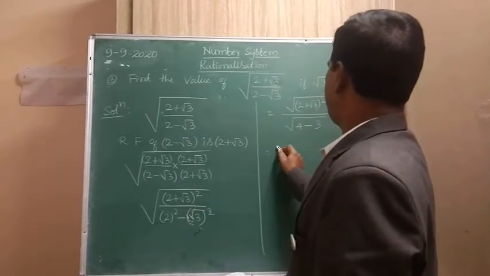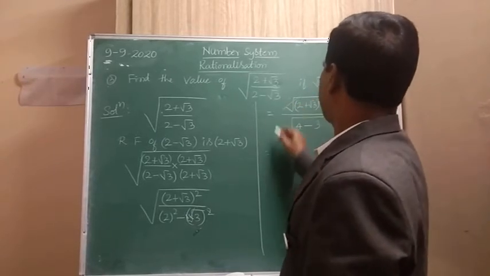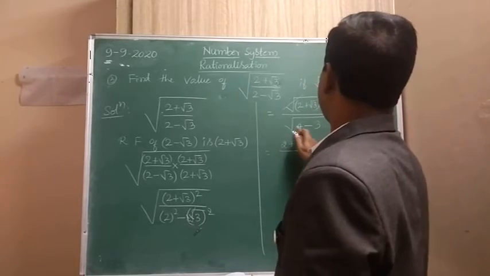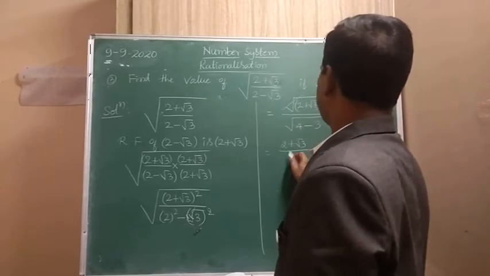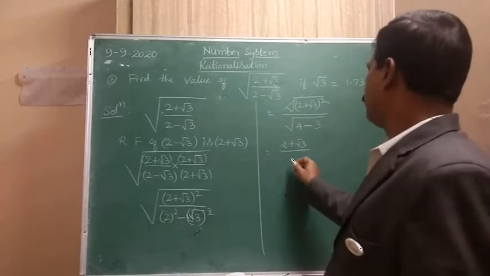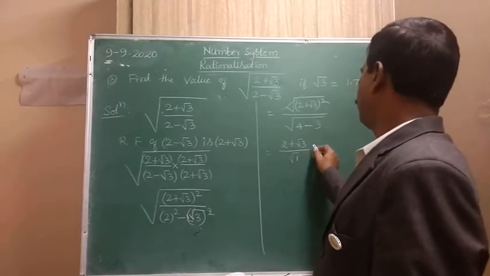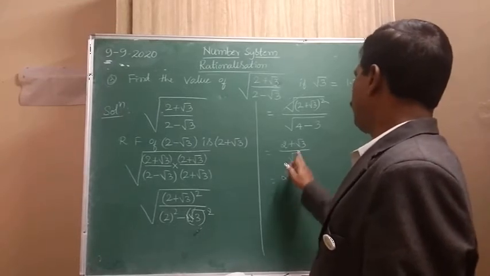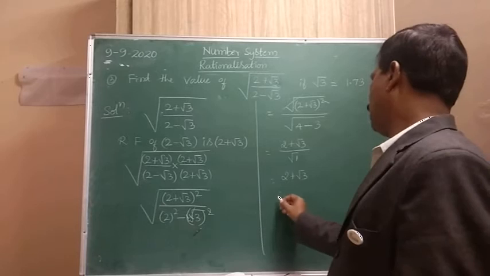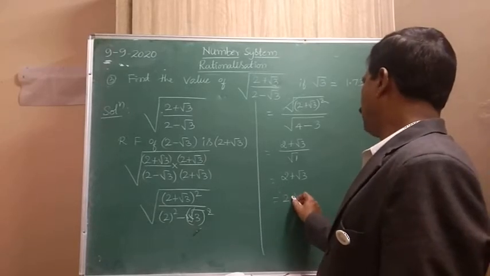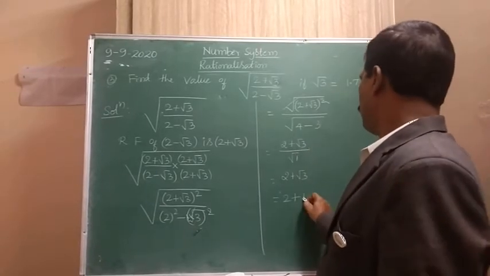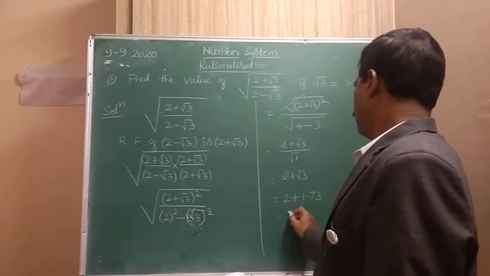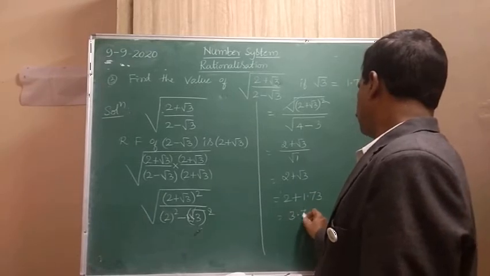In the numerator the square and root get cancelled, left out is 2 plus root 3 by square root of 4 minus 3, which is 1. Therefore root 1, that is equal to 2 plus root 3 by 1. Root 1 is 1. Now the value of 2 plus root 3 is 2 plus 1.73, which is 3.73.